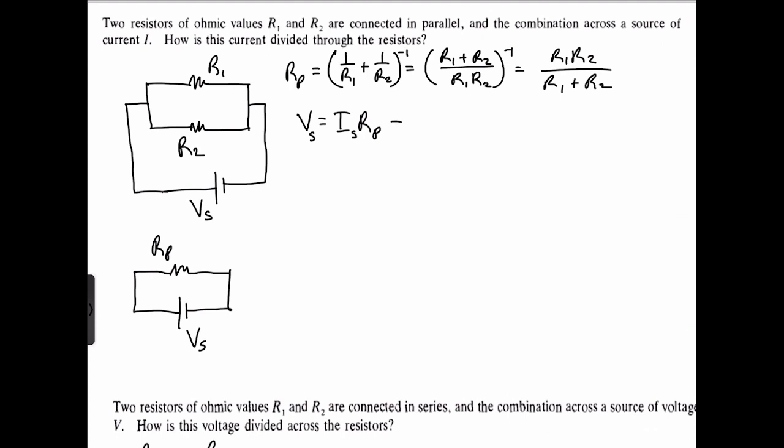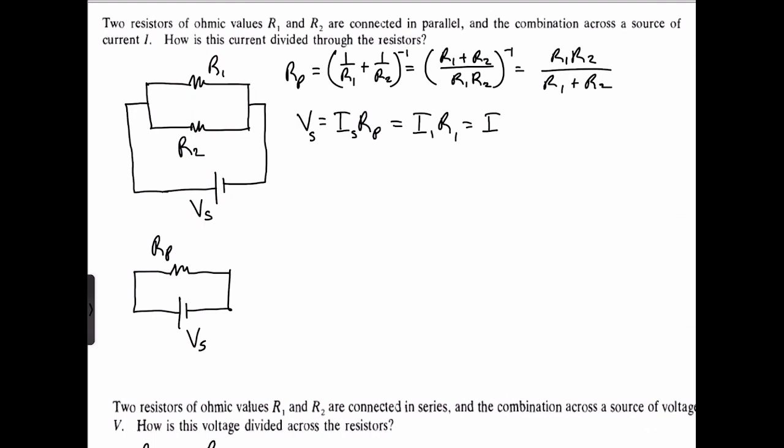We can then go ahead and use the parallel fact that R1 sees the same voltage as R2, and both see the same voltage from the source. So the voltage seen by R1 is equal to the current I1 times R1.